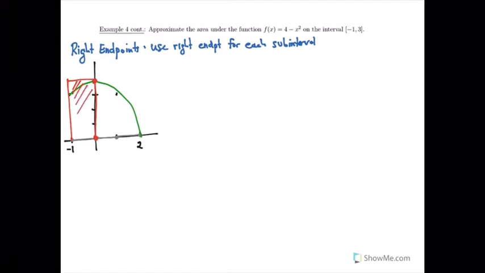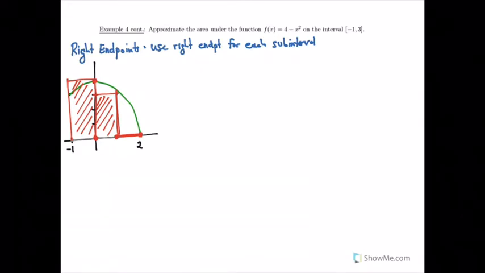We're finding the area of that rectangle. For the second one, we're going to use the right endpoint, that's going to be the 1. Draw the rectangle there. And for 2, we're going to use the right endpoint, that's just 2. That's a very stupid rectangle. It has a height of 0, but that's what we're going to deal with.